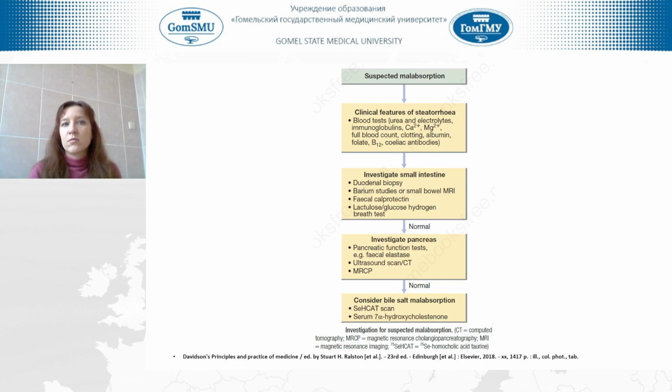Investigate the small intestine: duodenal biopsy, barium studies of the small bowel, MRI, fecal calprotectin, lactose and glucose hydrogen breath test. If normal, investigate the pancreas: functional test, fecal elastase, ultrasound, CT scan, MRCP. If normal, consider bile salt malabsorption, scan, and serum 7-alpha-hydroxycholesterol.